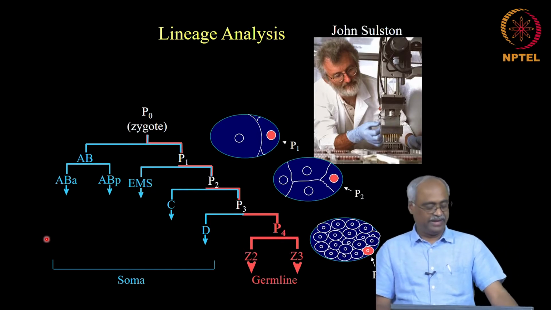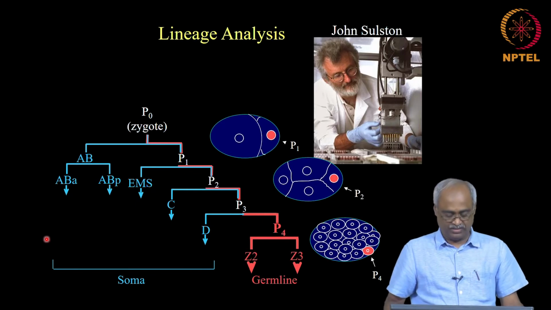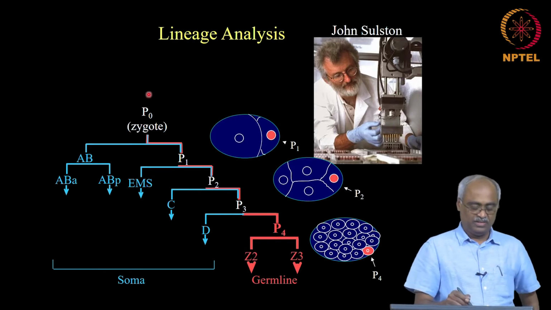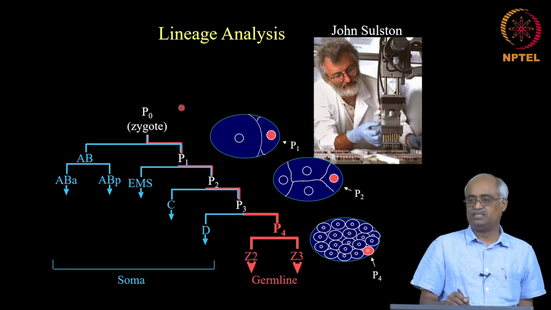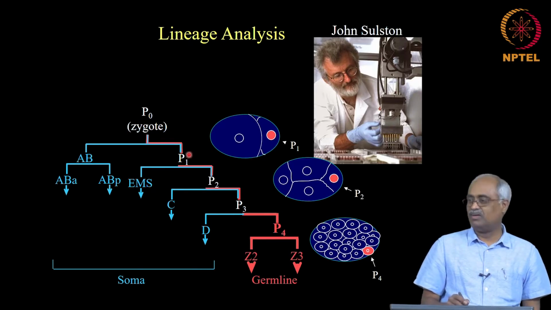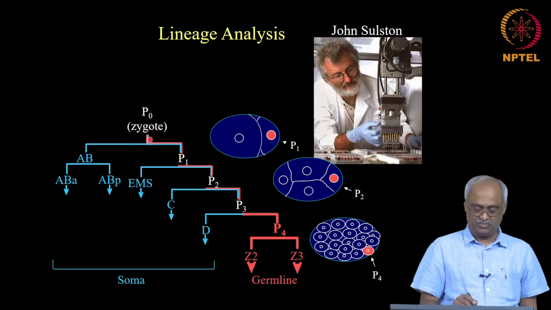So this shows you the early embryonic lineage, only a part of it, focusing on the germline, just for clarity. So the zygote with one nucleus, we call it P0. That divides into two cells, one cell we call AB and another one we call P1. If you look at the horizontal line, you find the one on the left a little longer from this vertical one compared to the other one.